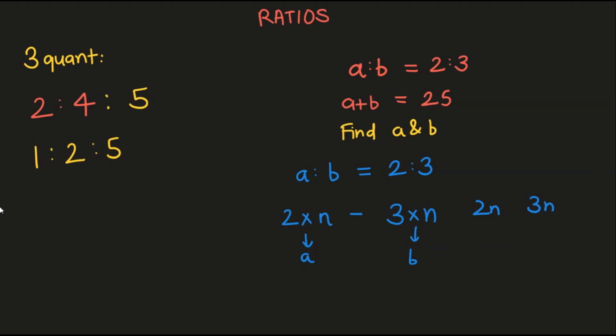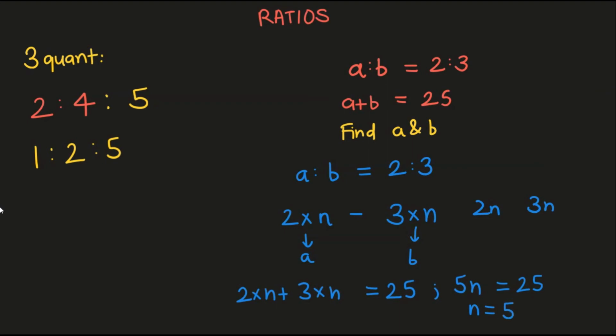But in this case, 2n plus 3n, that is A plus B, is equal to 25. So 2 into n plus 3 into n is equal to 25. So now 5 into n is equal to 25. So n is 5 into something equals 25.